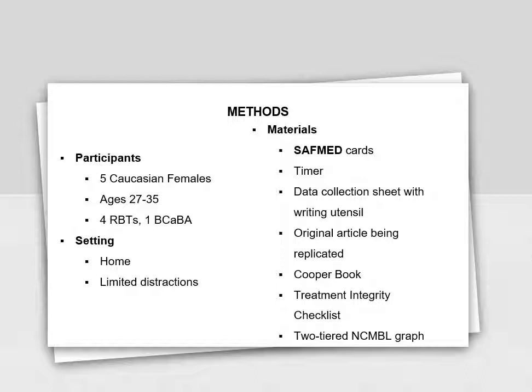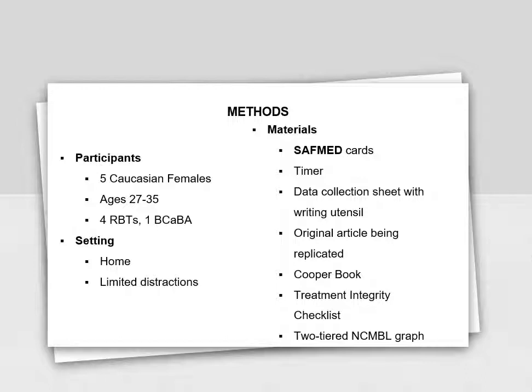The materials present during each session consisted of 60 3x5 SAFMED flashcards. Each card had a term on one side and the definition on the other side. For example, the term side would say positive reinforcement. The definition side would say occurs when a behavior is followed immediately by the presentation of a stimulus that increases the future frequency of the behavior in similar conditions.